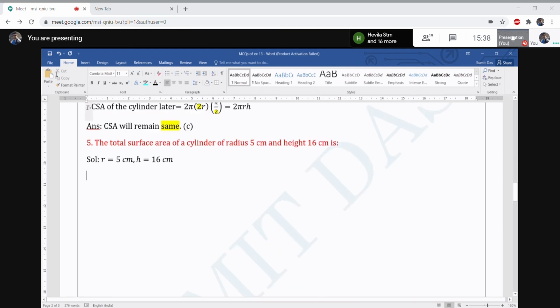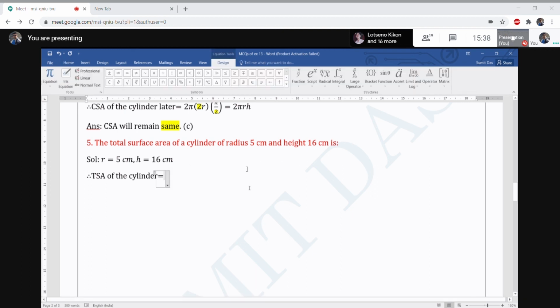Therefore, TSA will be total surface area of the cylinder will be equal to TSA formula 2 pi r into r plus h.